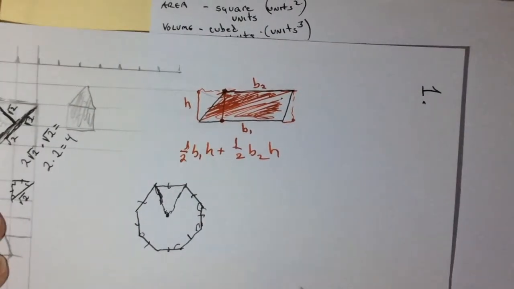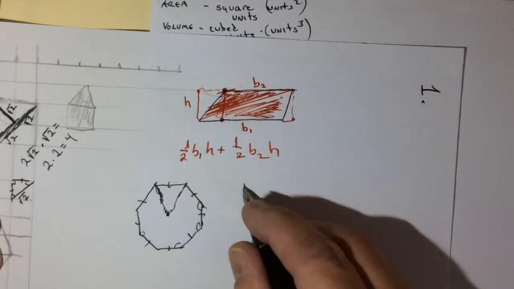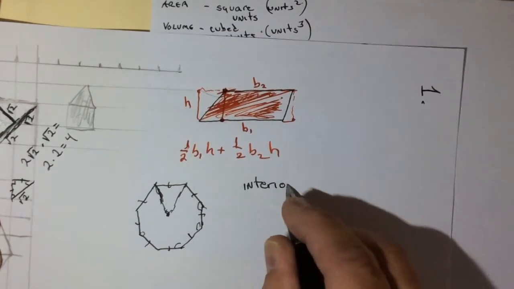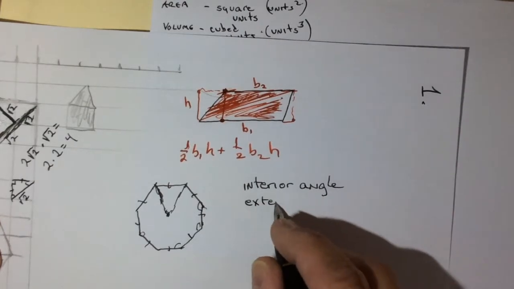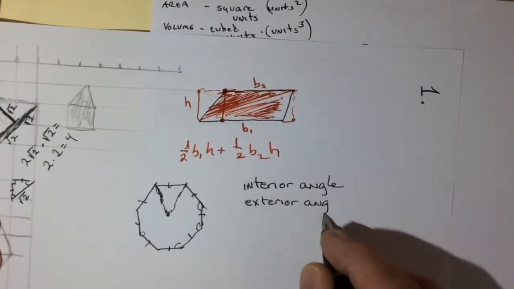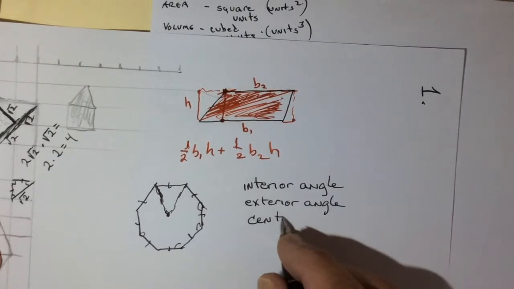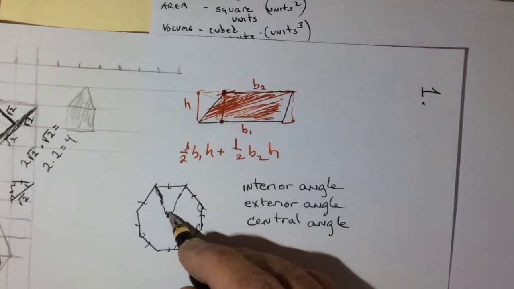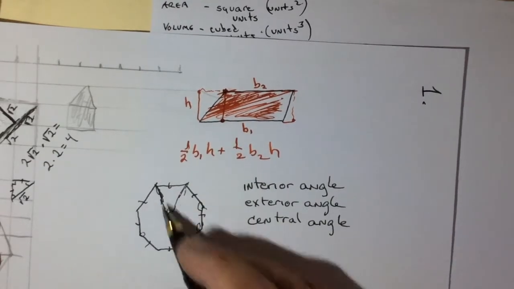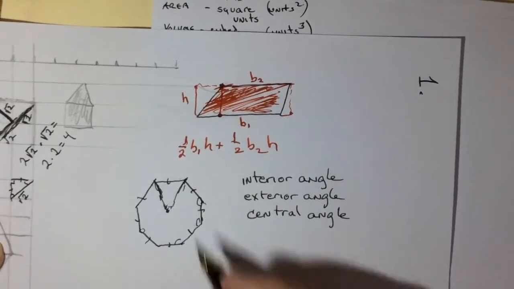There are three kinds of angles that we talk about here. One of them is the interior angle of the polygon. One of them is the exterior angle of the polygon. And the third one is the central angle. For a polygon, you get the central angle by connecting the center with the vertices, with the end points of one of the sides.